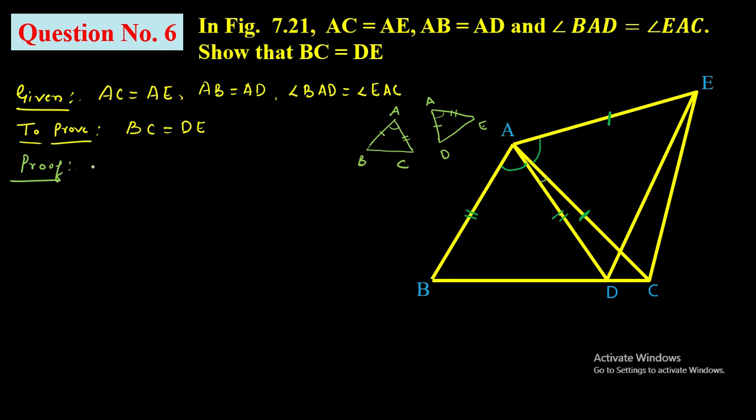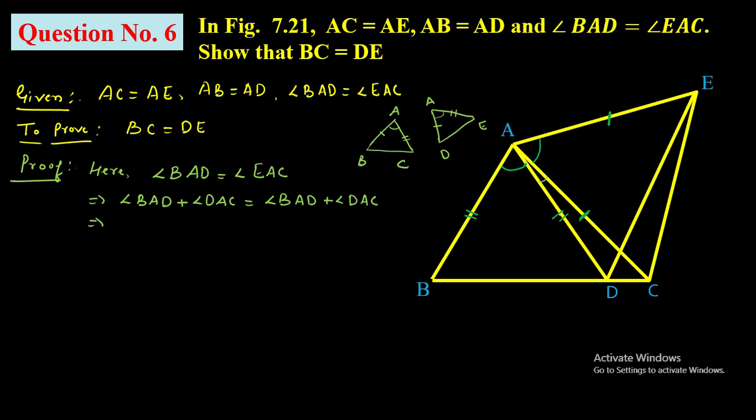Now here it's given that angle BAD is equal to angle EAC, and if we will add this angle DAC on both the sides, there won't be any change in the measures, as we know if equals are added to the equals, wholes are equal.